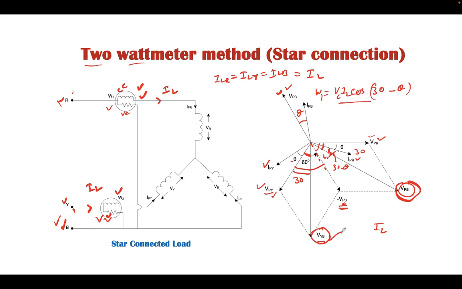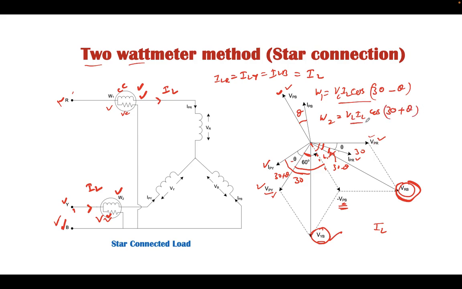This is the voltage across the potential coil of the wattmeter. The total angle is now 30 plus theta, and hence the reading of the second wattmeter W2 will be VL IL cos of 30 plus theta.